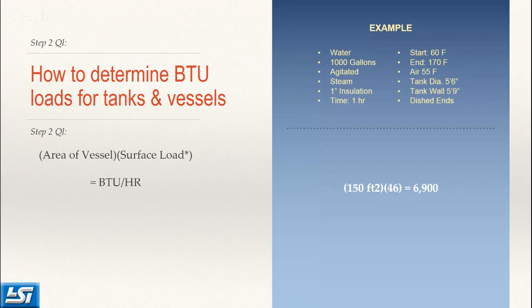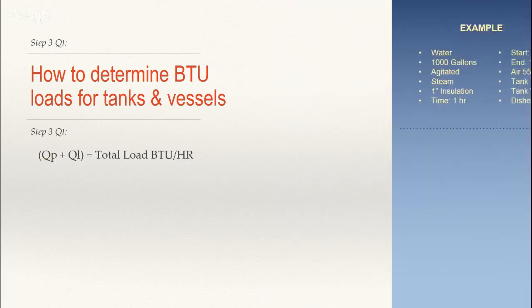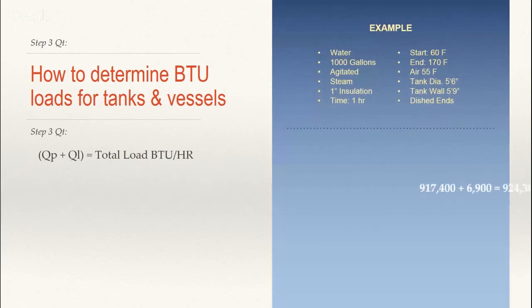So it fell right between 44 and 48 heat load loss, so I used 46. So that just adds an additional 6,900 BTU per hour required. So then we just add those two numbers together, the 917,400 plus the 6,900 BTUs per hour, and get our total load required.